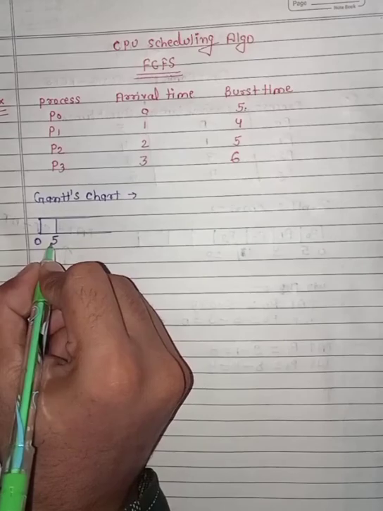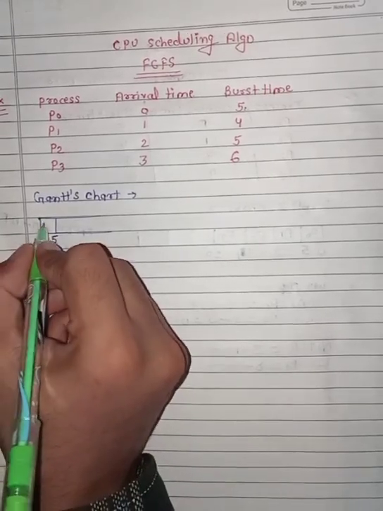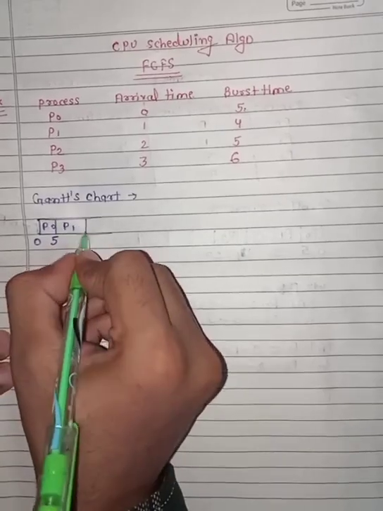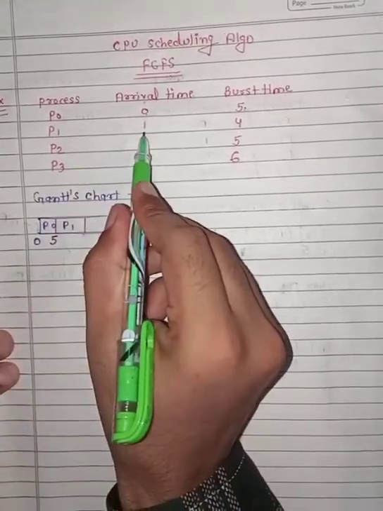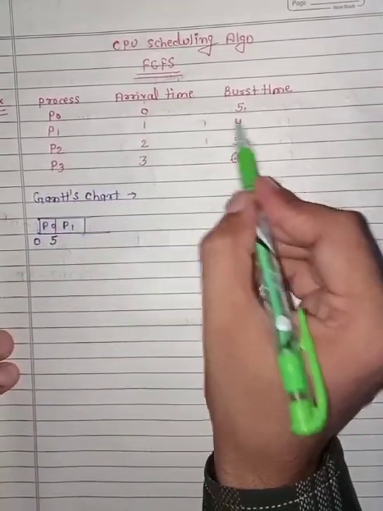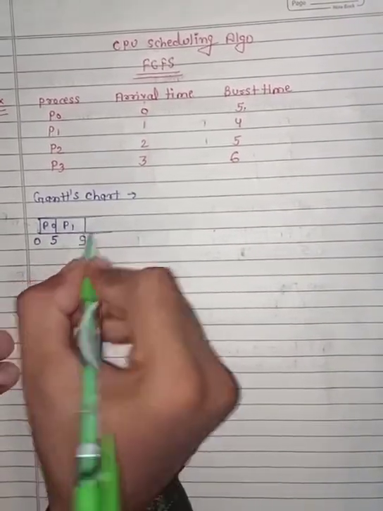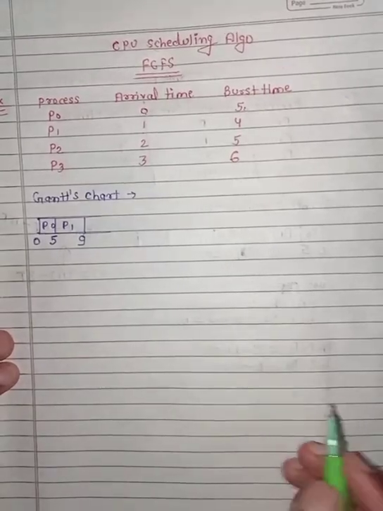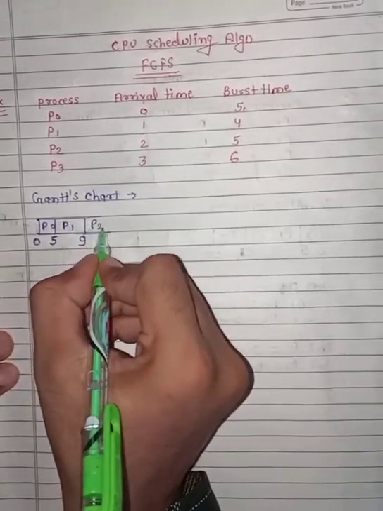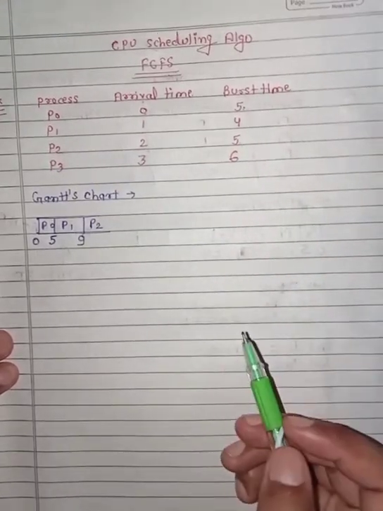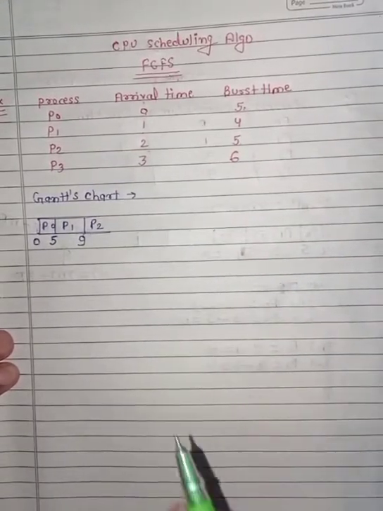Up to 5, process P0 will execute, and then process P1 will come and complete its execution in 4 units of time. So 5 plus 4, up to 9 units of time, and then process P2 will come and complete its execution in 5 units of time.